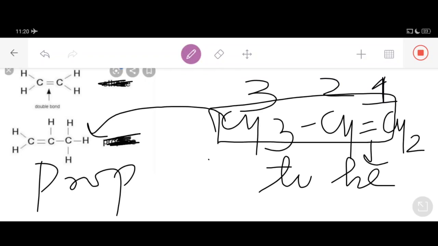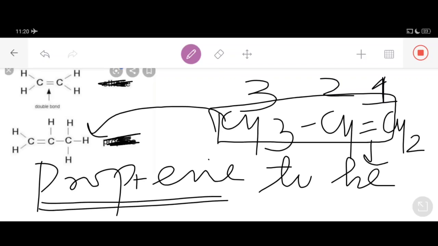And it contains a carbon-carbon double bond, so it is unsaturated. The double bond is indicated by the ending -ene. So by combining prop plus -ene, this compound is named propene.